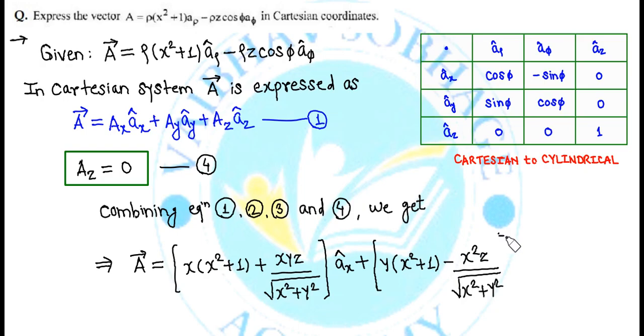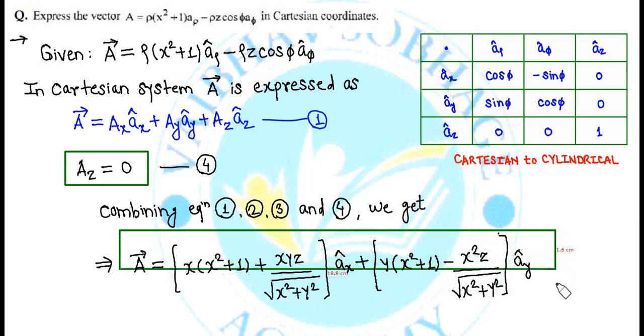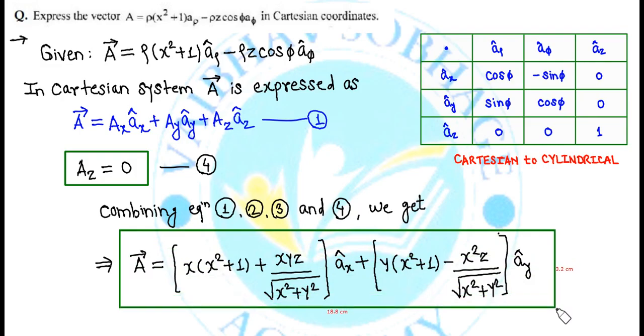So this is the magnitude along the y direction, having this component, that is ay cap, and we have az equals 0. So we are not going to write your az component.